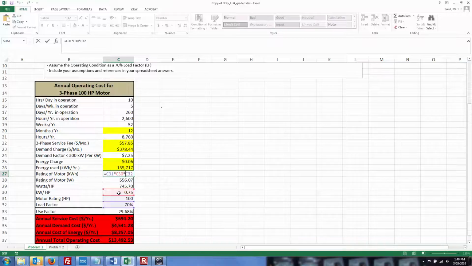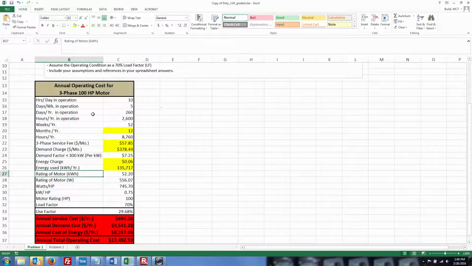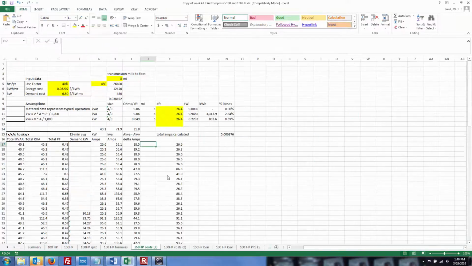That's fine. 70% load factor to come up with that's kilowatts. That's not quite right.